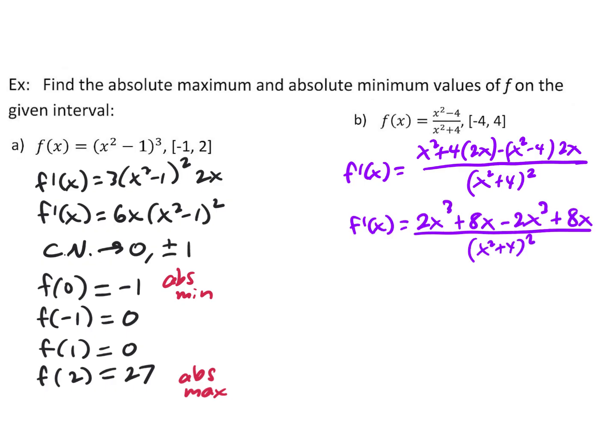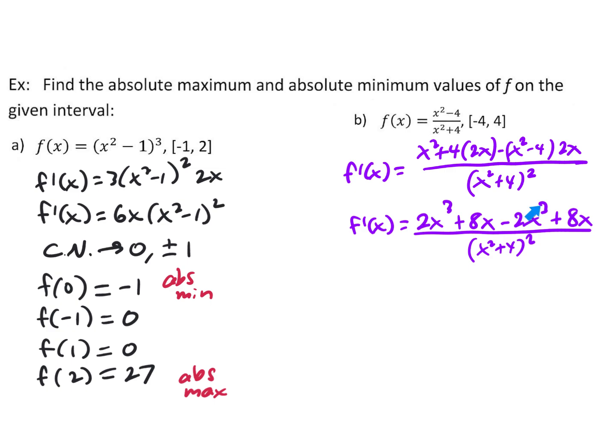Okay, so then I expanded this. So this is low times the derivative of the high minus high times the derivative of the low, all over the low squared. Distribute this, I get 2x to the third plus 8x. And then this, I like to distribute minus 2x. So that becomes minus 2x to the third, and then plus 8x, because negative times a negative.